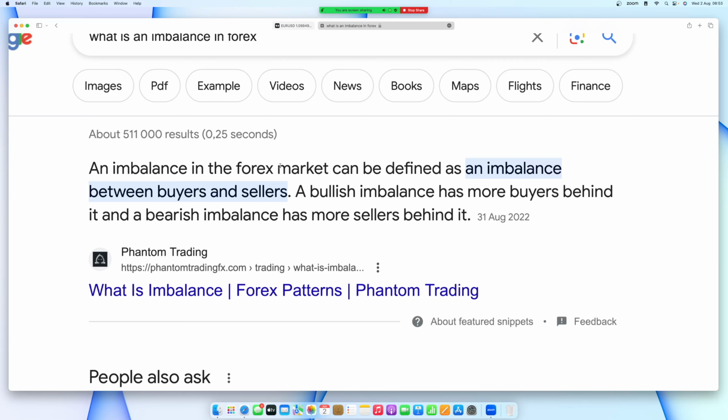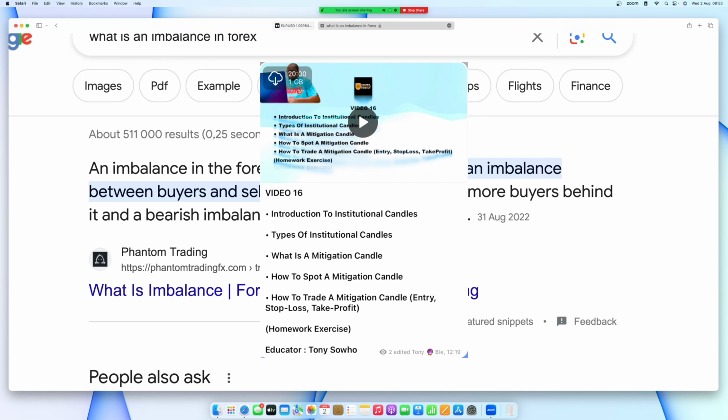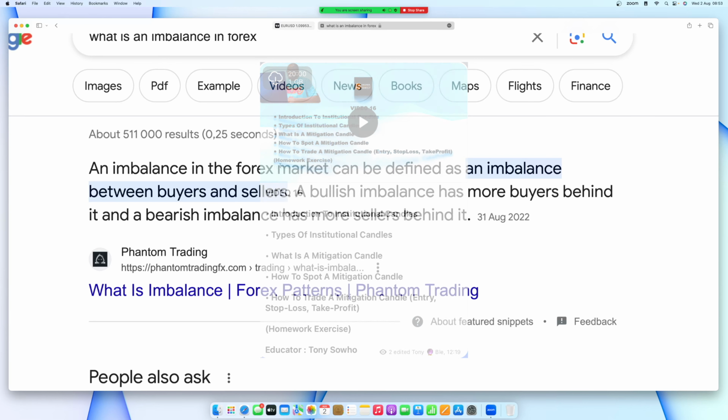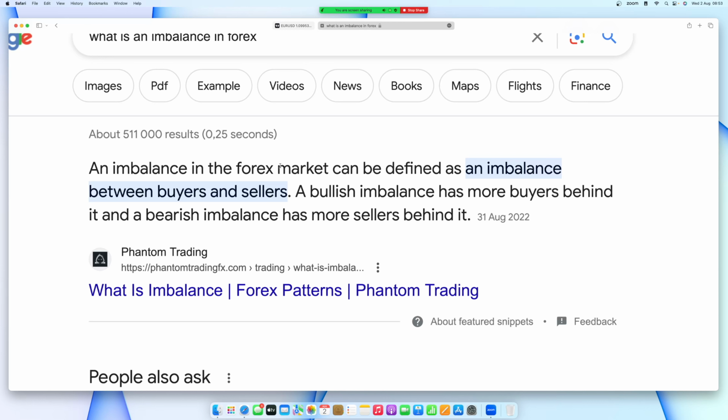First one being the mitigation candle, which I explained to you in video 16, right? This call is going to pop up now. So today on this call, this video 17, I'm going to be explaining to you the other type of candle I like to look for in order to get my trade ideas, which is the imbalance candle.